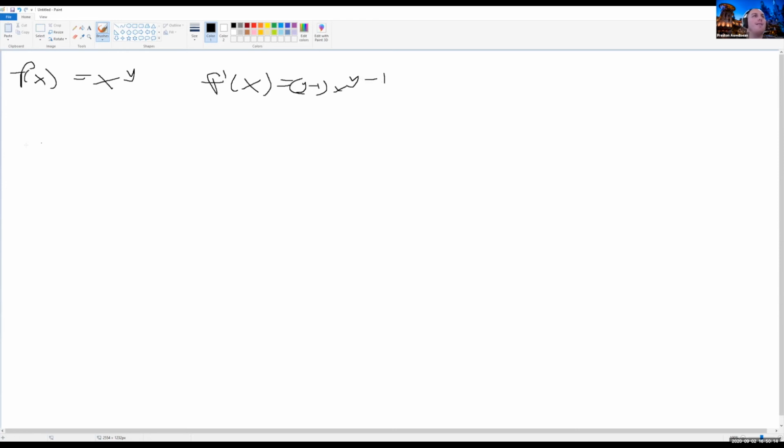So let's say we have an example of x to the 100, and that's going to be g of x. g prime of x will now be 100 x to the 99.